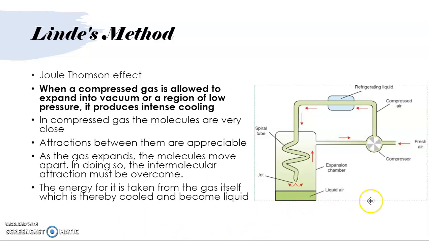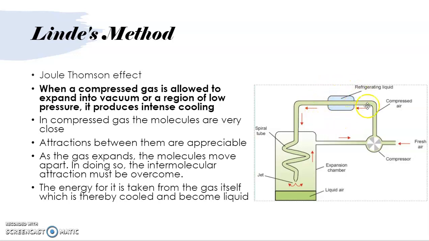This is a diagrammatic representation of Linde's apparatus for liquefaction. Here you can see there is an inlet for fresh air. That air is compressed under very high pressure, and this compressed air is passed through a jacketed tube.